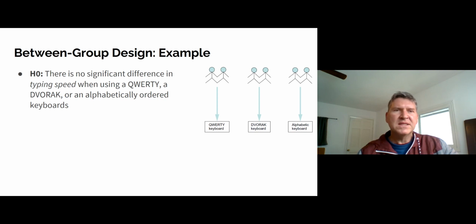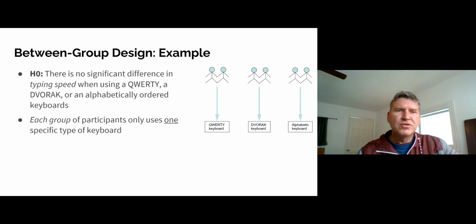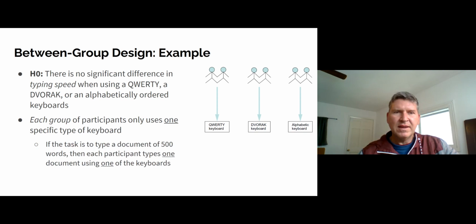Our null hypothesis might be there's no significant difference in typing speed when using QWERTY, Dvorak, or alphabetically ordered keyboards. So each group of participants only uses one specific type of keyboard. And then if it's the same task as we described with the within groups, each participant's only going to have to do 1/3 of the work.